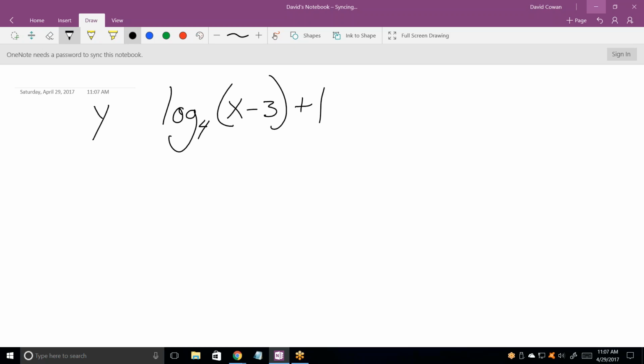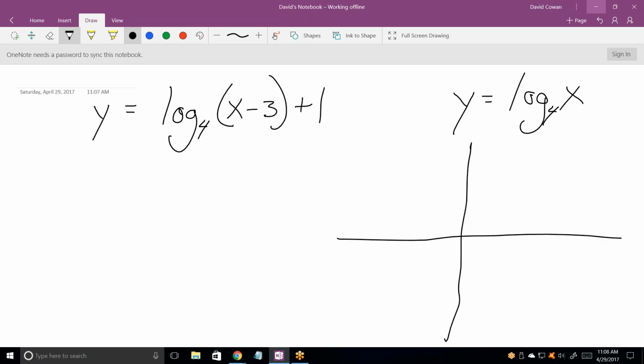Well, always start with the parent function. What is the parent function? Log base 4 of x. No, I mean you need a y and an x in a function. Right. Okay. Now let's graph that.